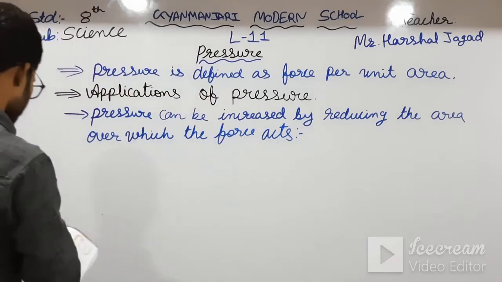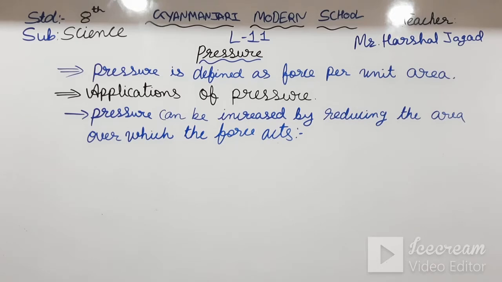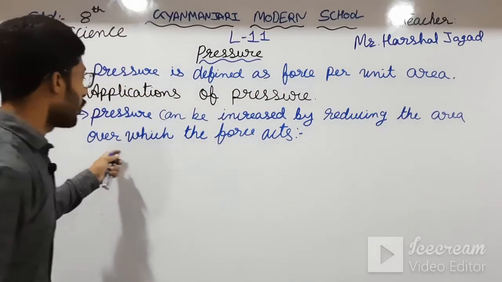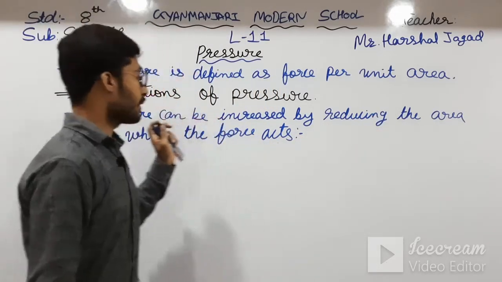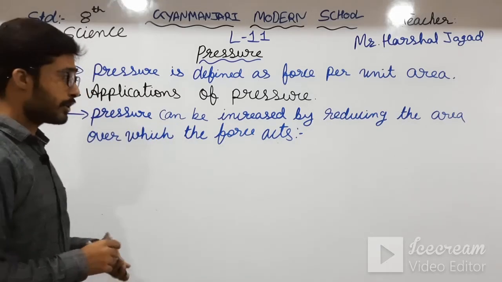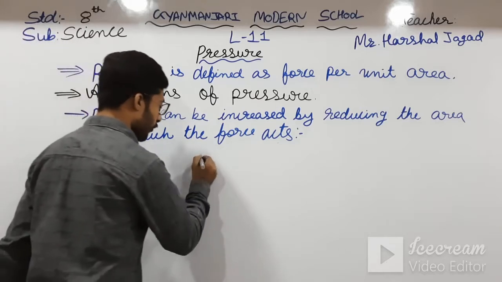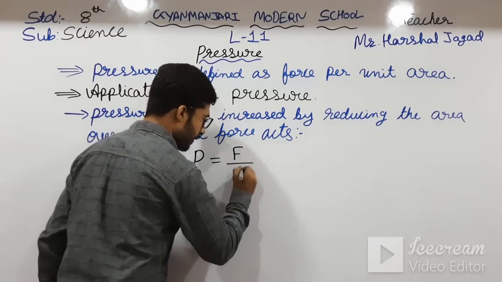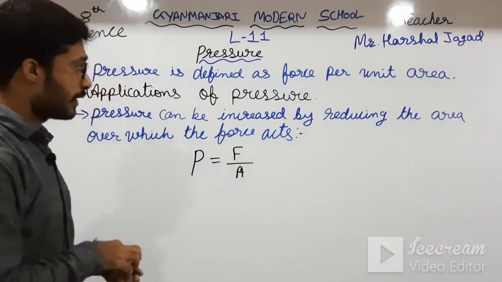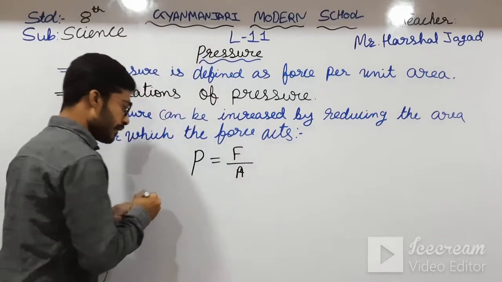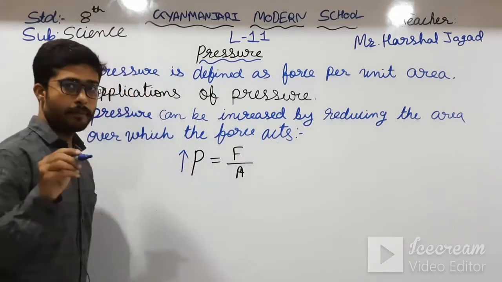Okay, students, let us see what they are telling: pressure can be increased by reducing the area over which the force acts. Means if we want to increase the pressure, see here I am writing the formula, P is equal to F upon A. So they want to increase the pressure.